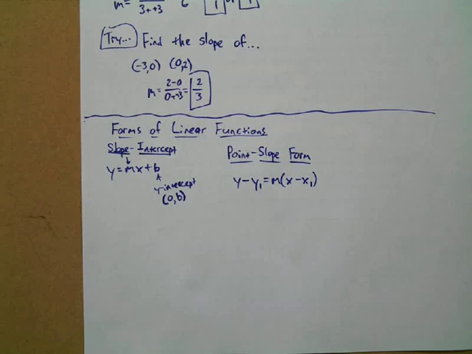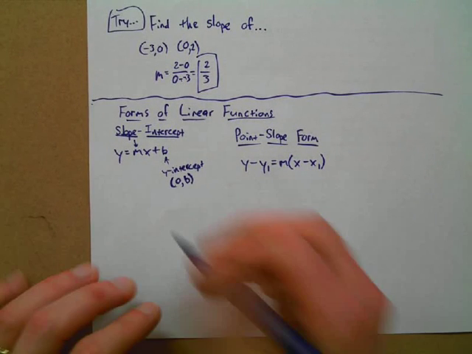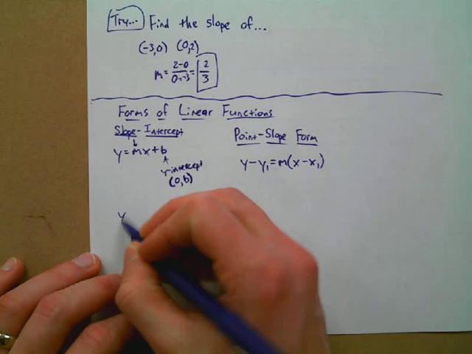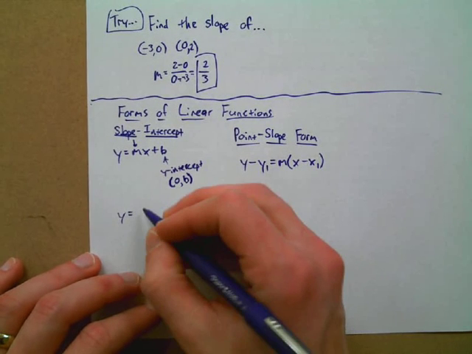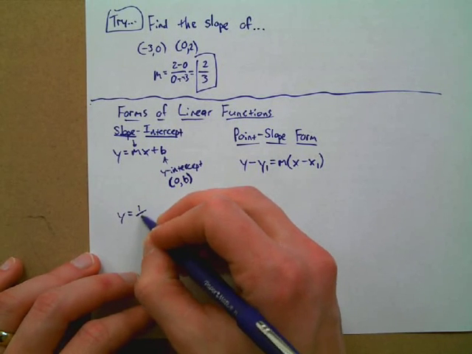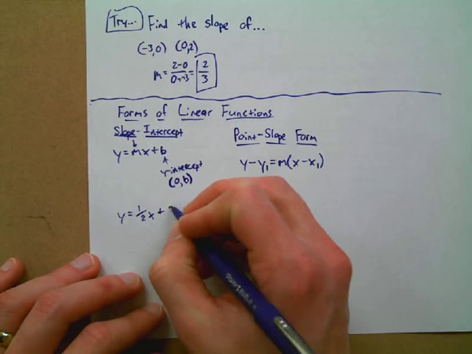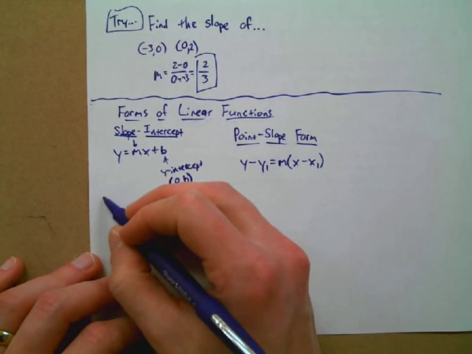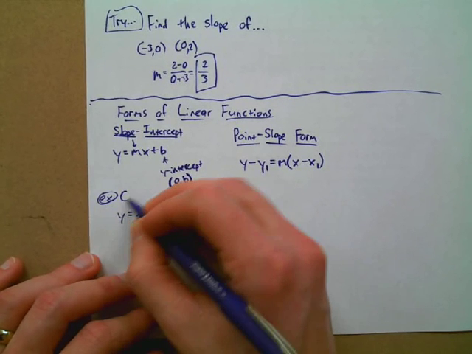Okay. So, let's take a look at an equation of a line here. Let's talk about y equals 1/2 x plus 3. So we'll say as an example here, consider the line y equals 1/2 x plus 3.